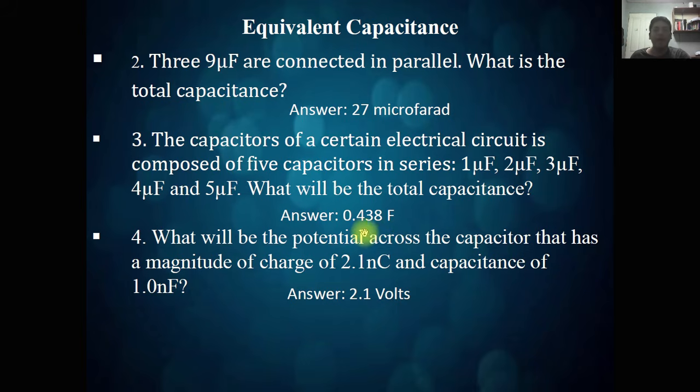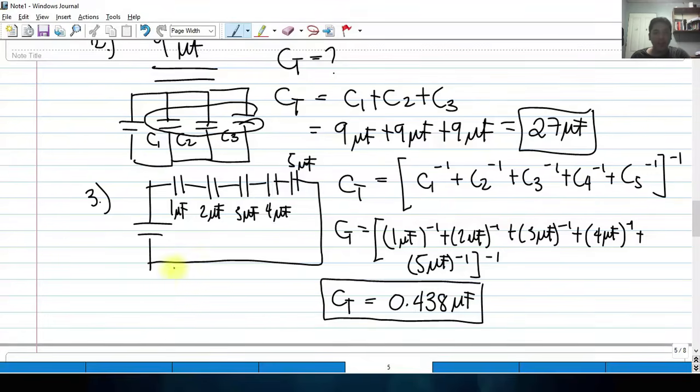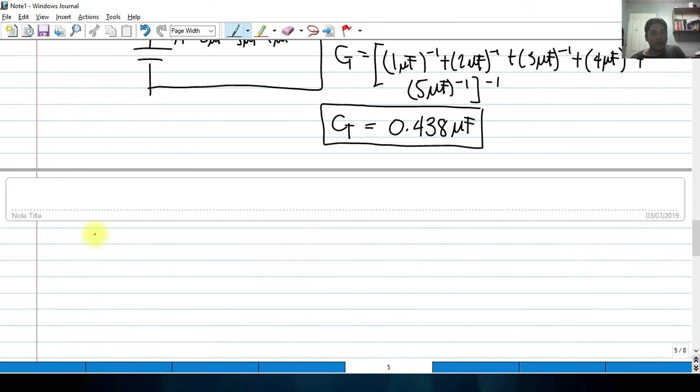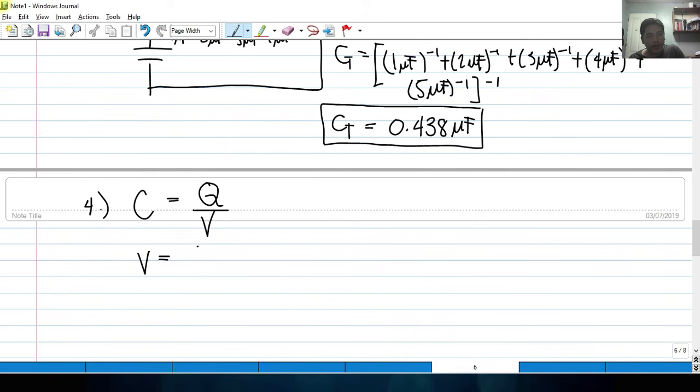Okay. For number 4, what will be the potential across the capacitor that has a magnitude of charge 2.1 nanocoulombs and a capacitance of 1 nanofarad? The potential across the capacitor. So, if you want the potential, again, the formula is Q over V, or delta V. So, if you want the potential here, we have Q over C. Okay?